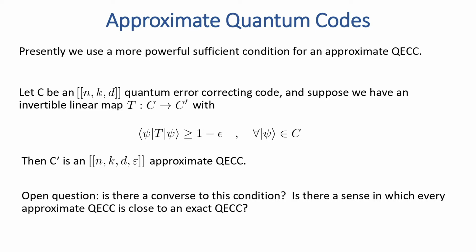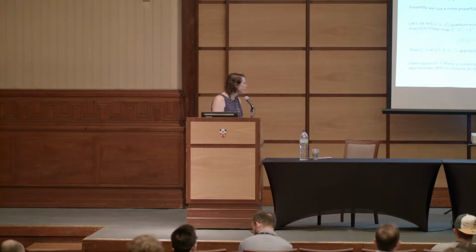The condition we use in this present work says that we construct an explicitly invertible linear map that applies to the whole Hilbert space and maps one subspace C to another subspace C prime in such a way that these two subspaces are isomorphic and they're epsilon close together.